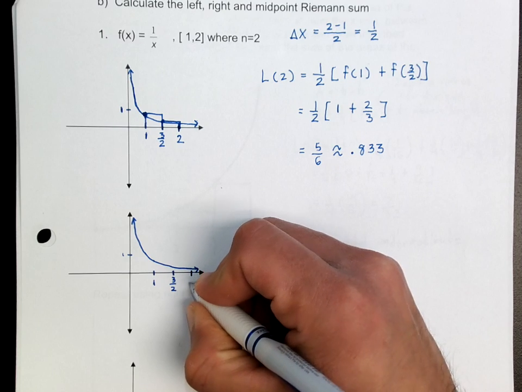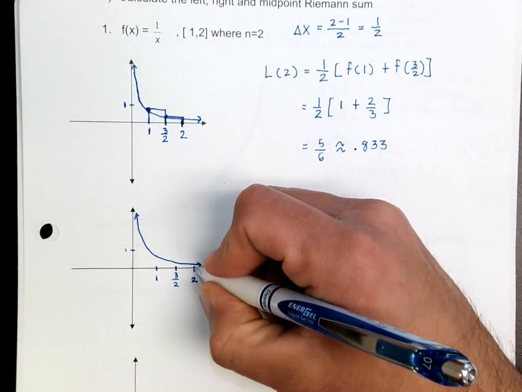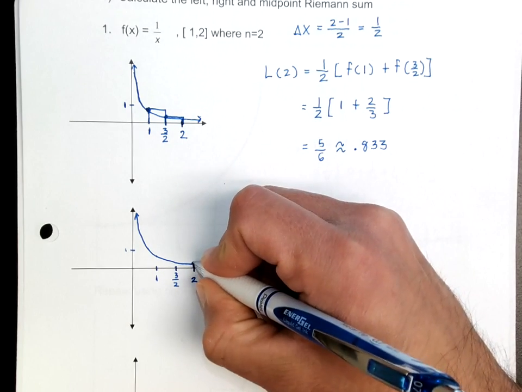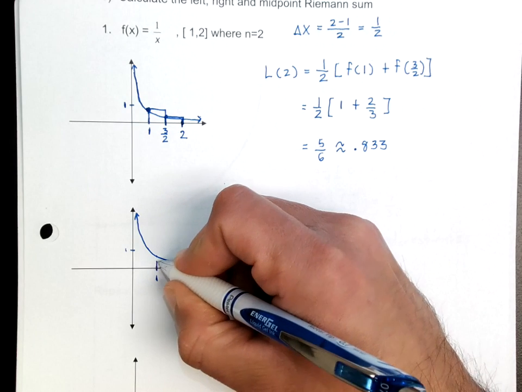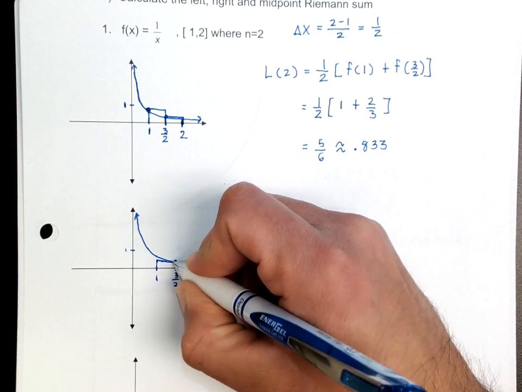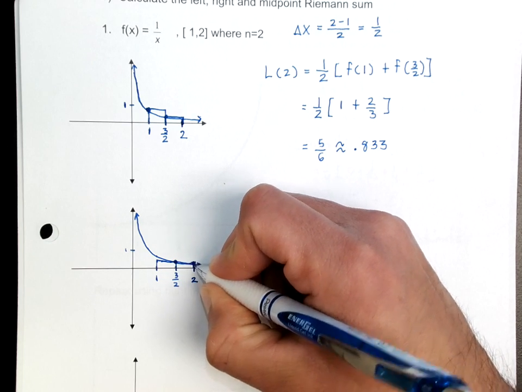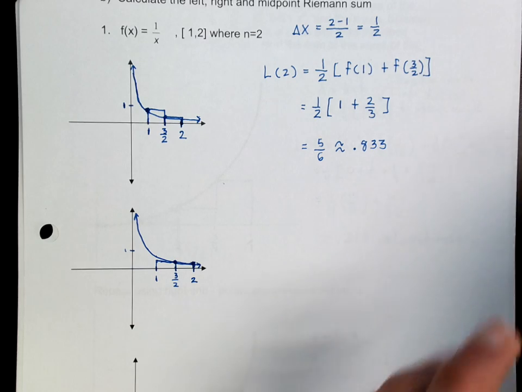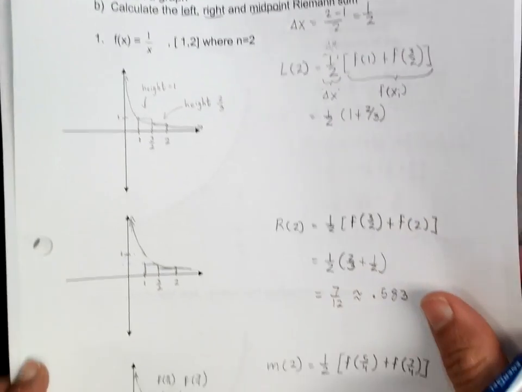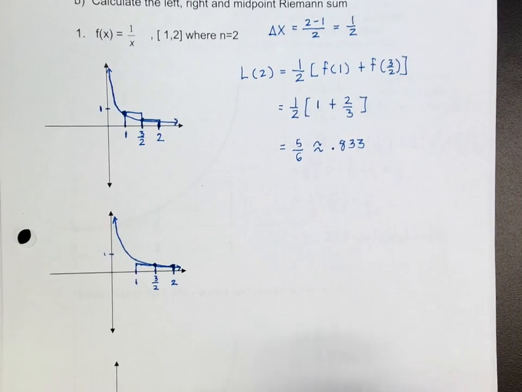Delta x is the same, but now we're looking for the right endpoint, so I'm looking for that point and this point. This graph is not the greatest. Let me show you one that I drew a little bit better earlier. If that doesn't make sense, that's more or less what it looks like.